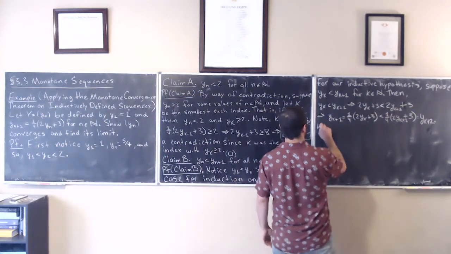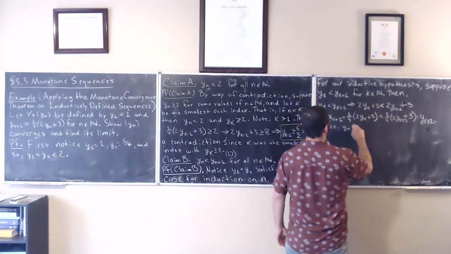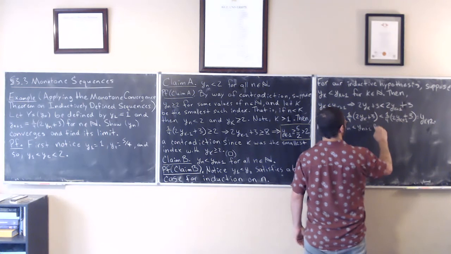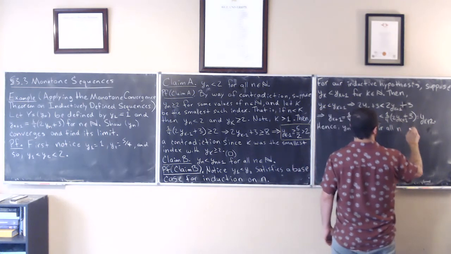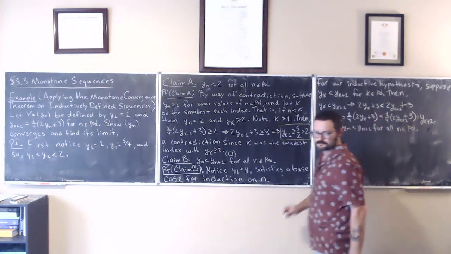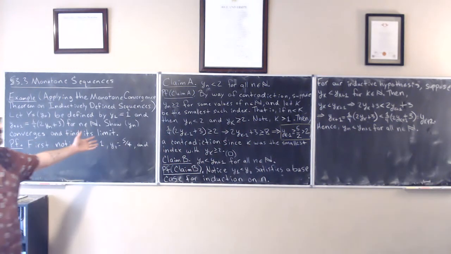So hence, y of n is less than y of n plus 1 for all n that are naturals. All right, so this is good.